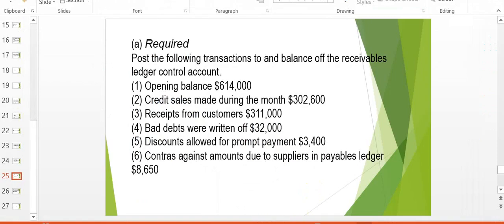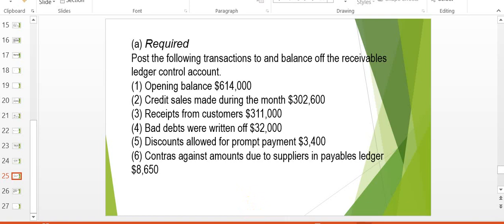Then we have a discount allowed. We've been discussing discounts. We said if you allow a discount, apart from opening a discount allowed debit expense, the discount allowed should also be credited to the receivable ledger account to show that you receive less than what you expect.